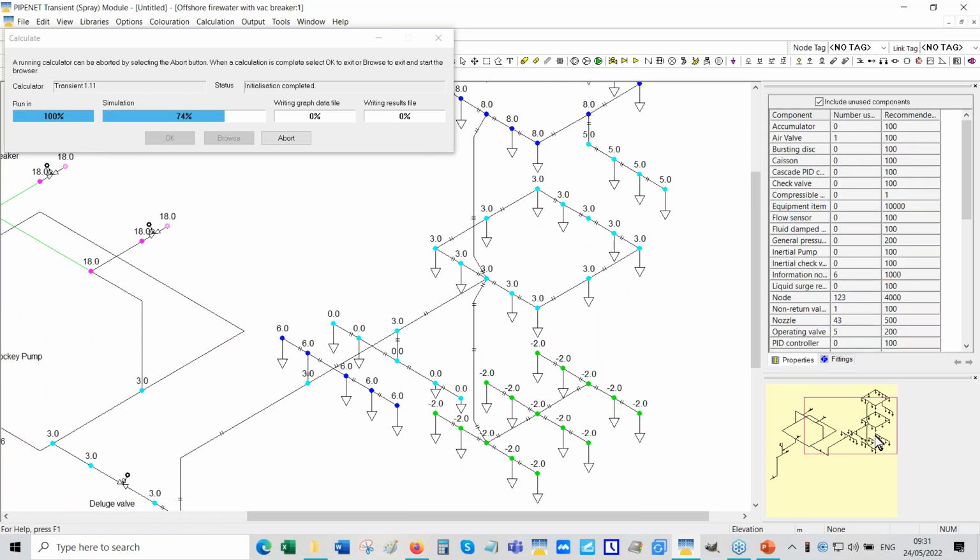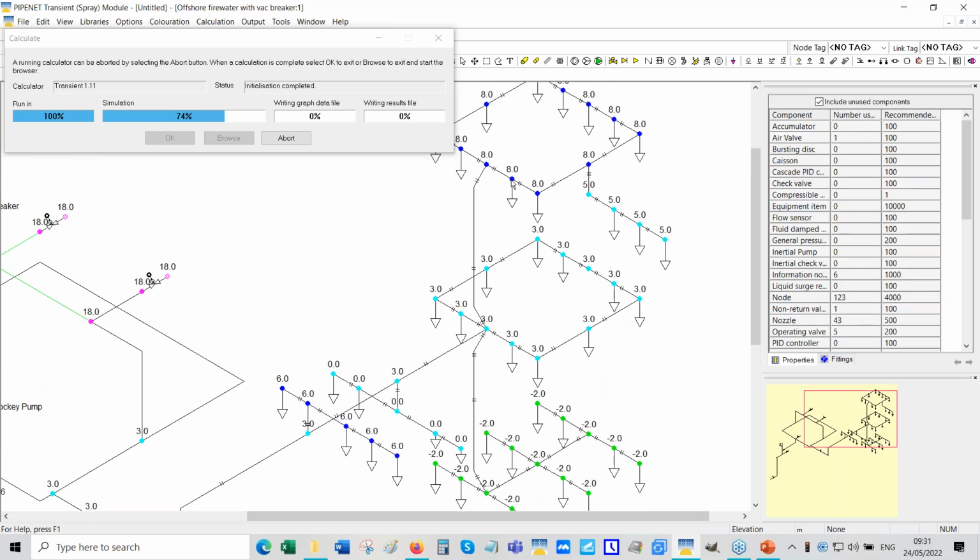And the actual elevation change is a little bit exaggerated, because the elevation change is around 5 meters or so. So it's not a huge elevation change. So you must avoid big elevation changes in a dry deluge system because that will extend the discharge time significantly. So it is good engineering practice to try and avoid big changes in the elevation in the dry part of your deluge system.